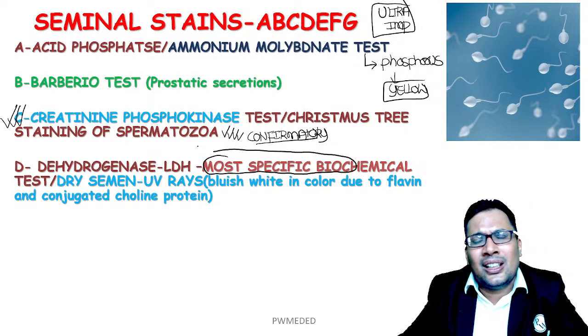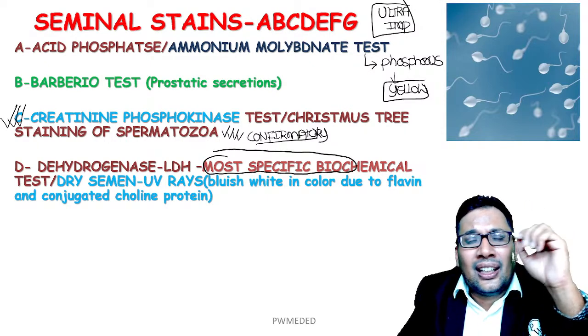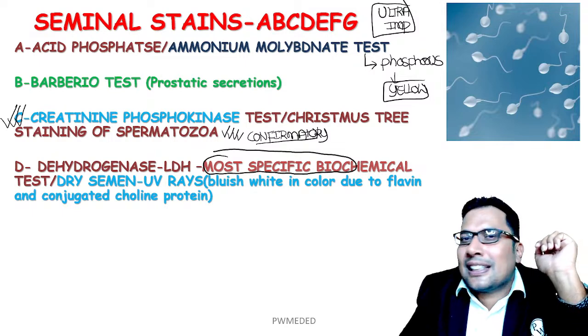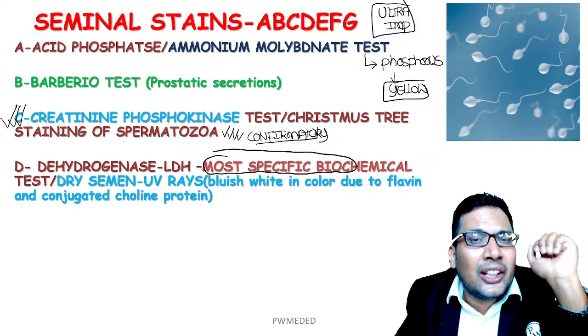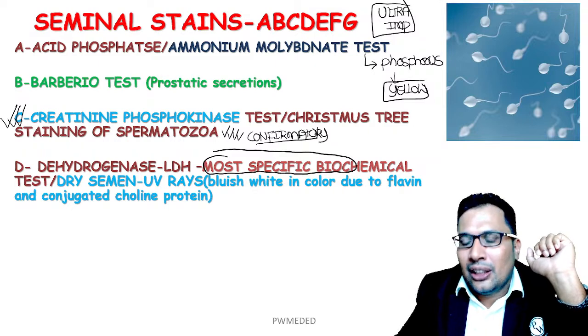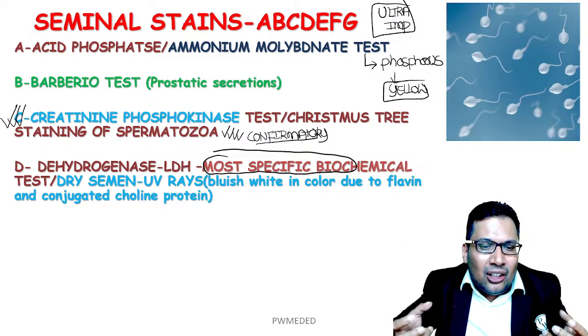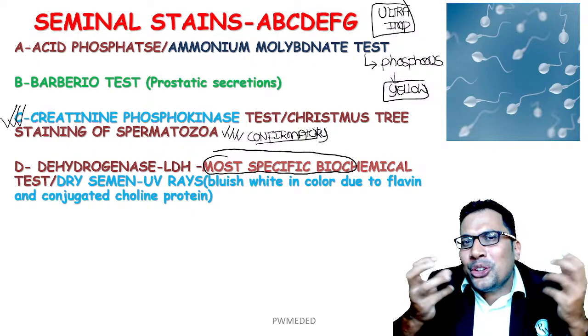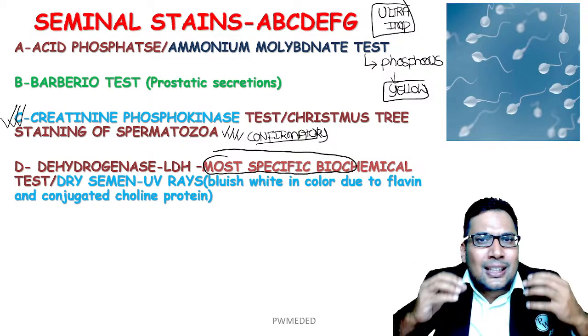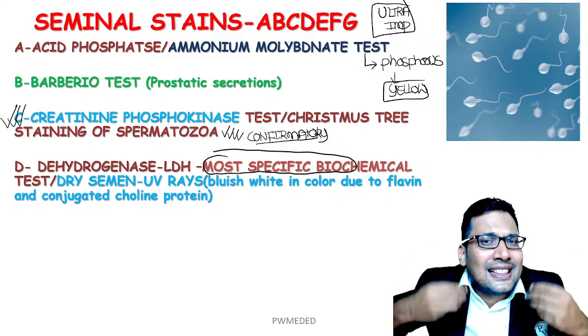Lactate dehydrogenase is present in the seminal stain, that is one of the specific tests for the seminal stain. One more D here, D for dry semen. When you examine the dry semen under the UV light, you will see the bluish white color. That is because of the protein that is present in the seminal stain.